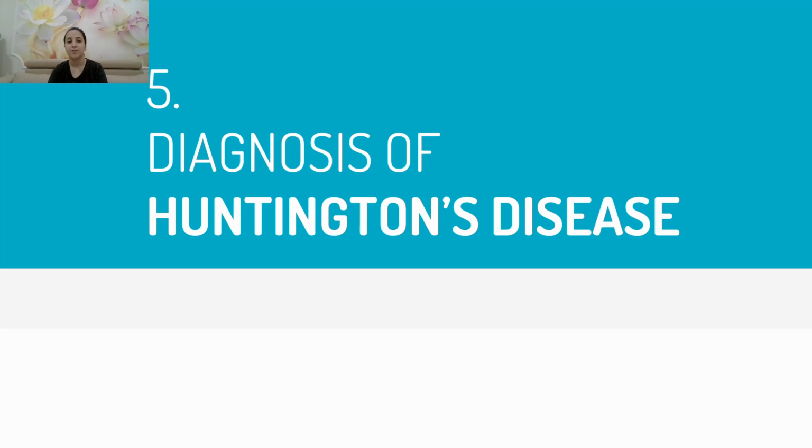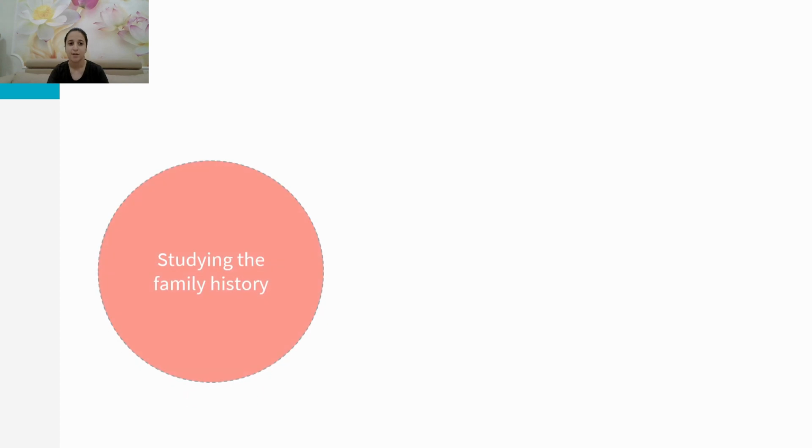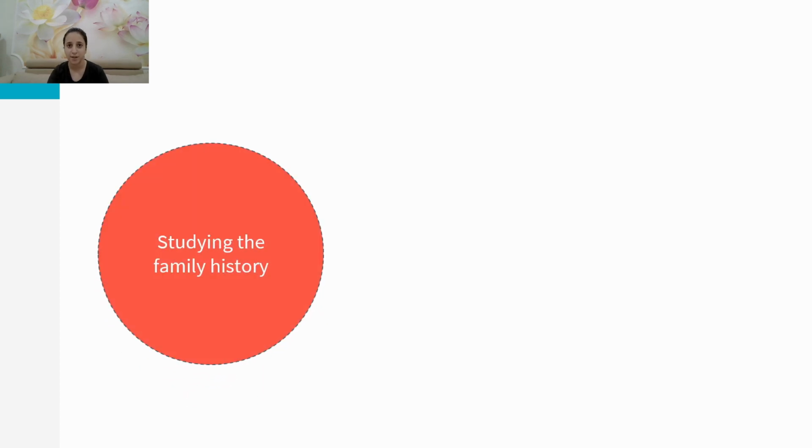So let's now look into the diagnosis of Huntington's disease. Diagnosis is basically a method of making sure the person has that disease or not. For HD, there are basically three major types of diagnostic methods. The first is by studying the family history. As you know, HD is a genetic disease, and the gene causing it can be inherited from your parents.